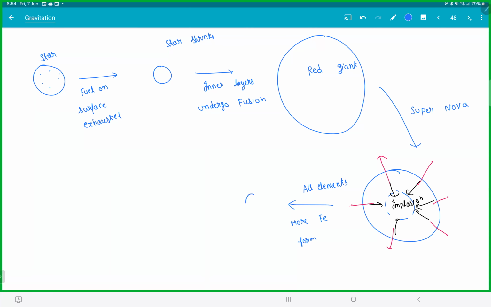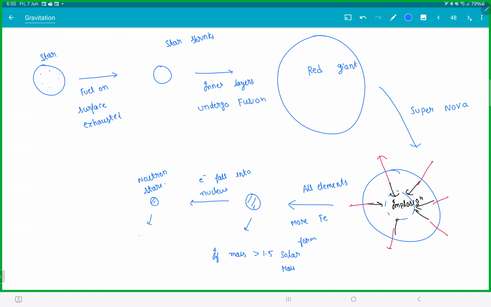And then you'll be left with some mass after that implosion. Now, if this mass is greater than 1.5 times solar mass, due to the gravity, the electrons fall into the nucleus and you get a neutron star. Everything becomes neutrons.